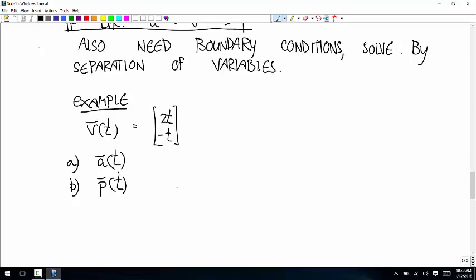Let's say that at time equals 2 seconds, the position vector is (5, 0) meters.